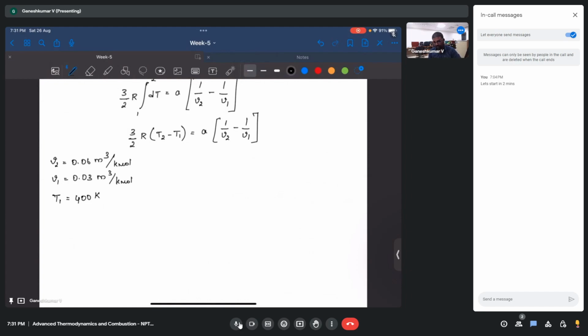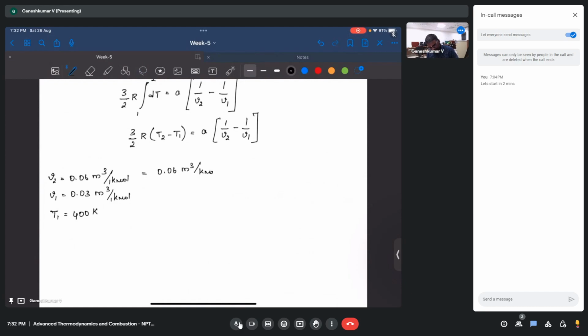Since we have 1 kilomole, it is just 0.06 divided by 1. So it's going to be 0.06 meter cube per kilomole, and this is also going to be 0.03 meter cube per kilomole.